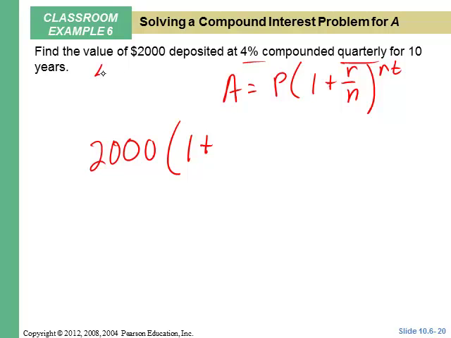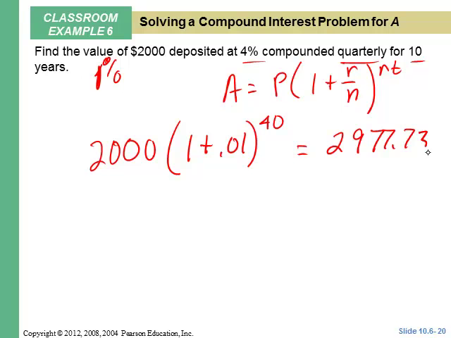Well, if it's 4% compounded quarterly, it's 1% per quarter, so 1 plus 0.01 to the 40th, since 10 years has 40 quarters. So on our calculator, we would press 2,000 times (1.01) to the 40th, and we get $2,977.73.